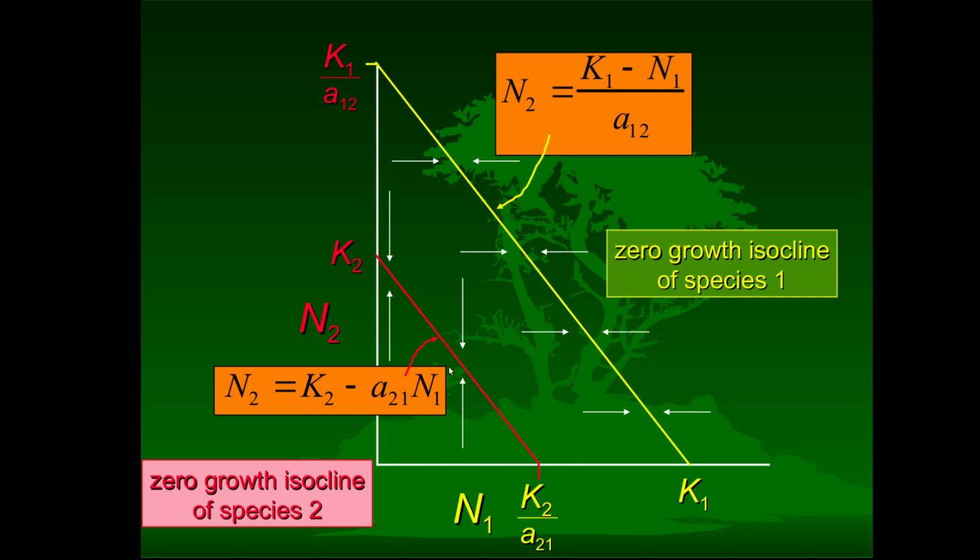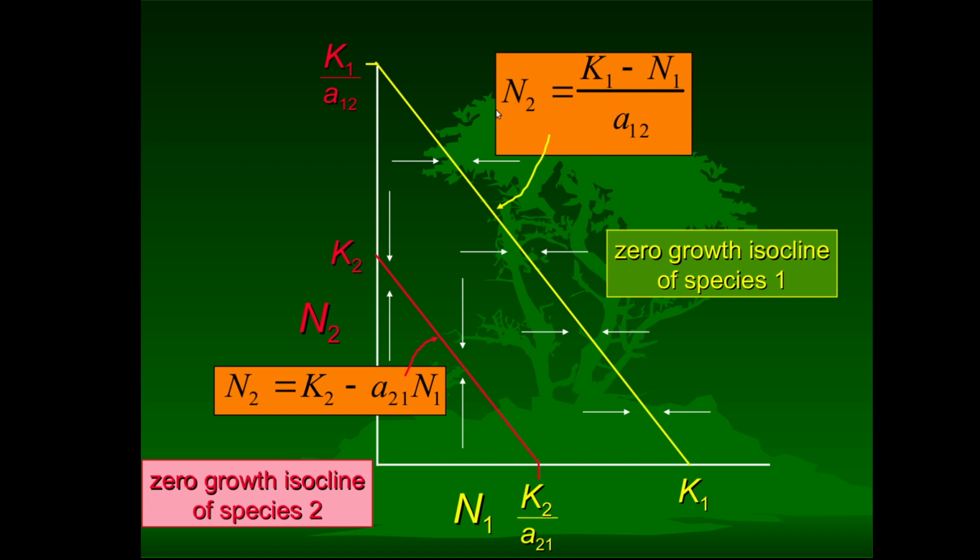All right, so now it's trivial to derive the shutout level from these equations. Okay, so for this red line, we just say N2 is 0, and then we solve for N1. So 0 equals K2 minus A21 times N1. Then we solve for N1. Well, N1 is equal to K2 divided by A21, which is the shutout level here.